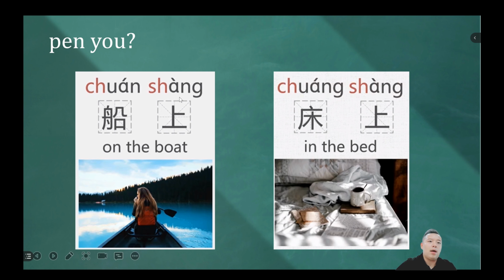However, when you're trying to pronounce the other sound, remember to open up your mouth, make the sound and let the airflow go through all the way from your tummy, your belly, into your nose. Okay, on the boat, 船上. In the bed, 床上. They're quite different. Please try to know and understand the difference.